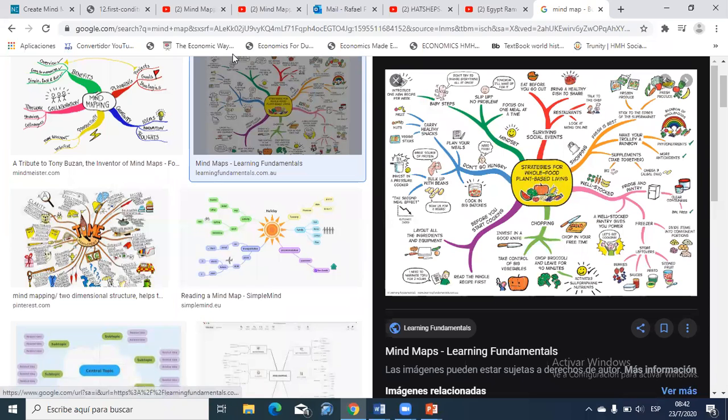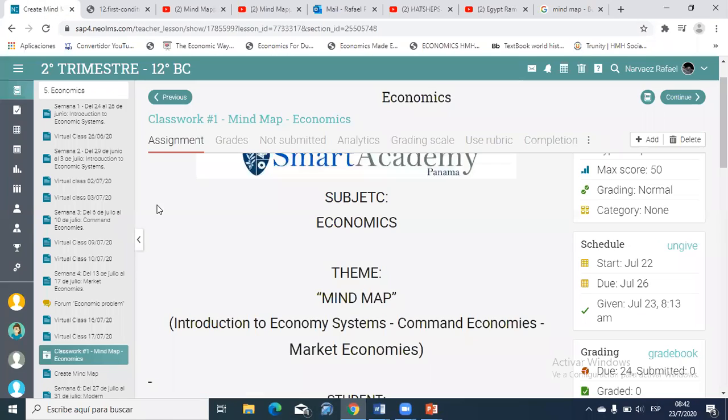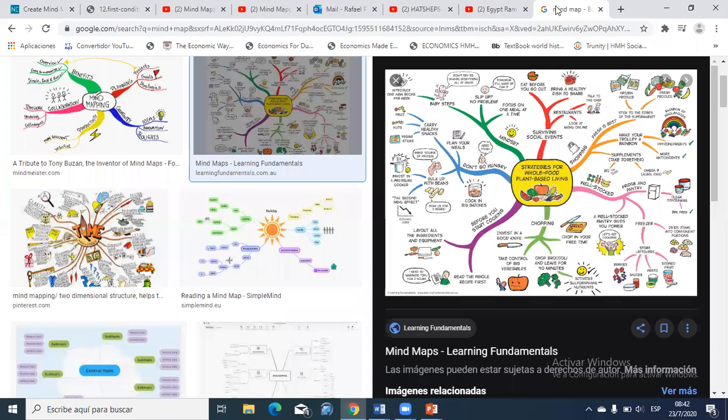Now, we spoke about three topics, 1, 2, 3. So that means I'm going to use 3 branches, 1 here, 1 here, and 1 here. That's up to you, okay? So over here, I will write introduction to the economy in capital letters. Over here, I will write the command economies. And over here is the last one, the market economies, okay?